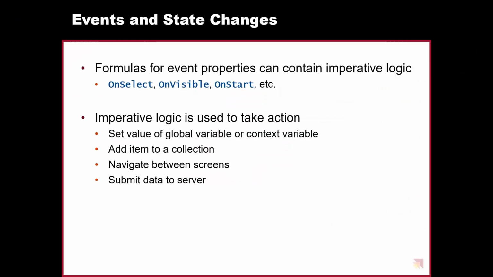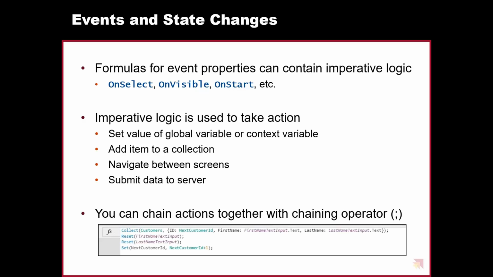Now, quite often you write expressions just to evaluate, to set a title, or to set a default value. But sometimes we need imperative logic. We need the click of a button to result in me doing something like setting the value of a global variable.